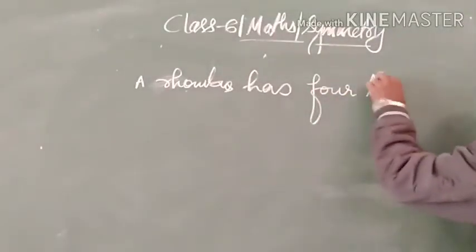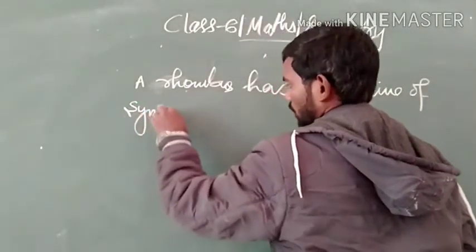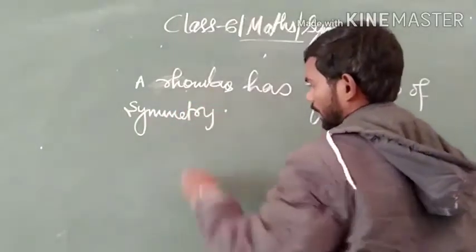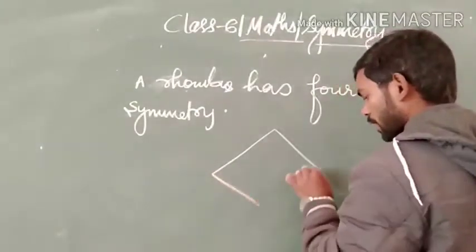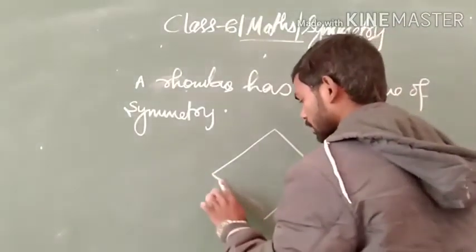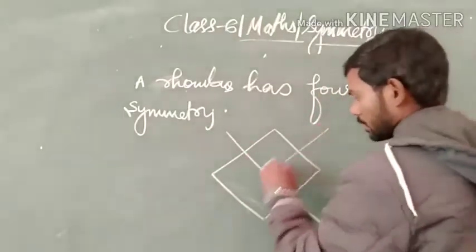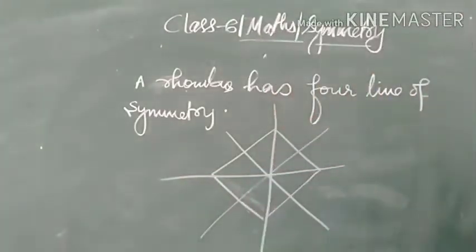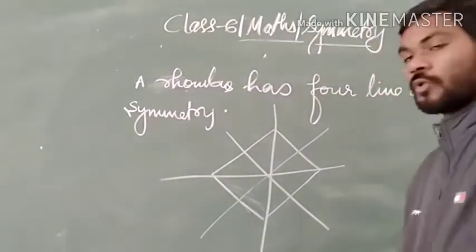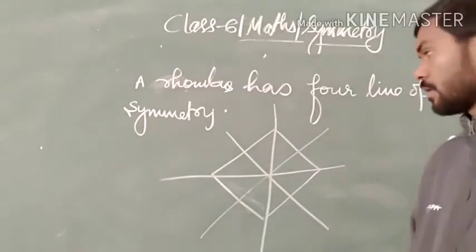You can see this clearly through the figure. You will find that a square also has four lines of symmetry. So we can say that a rhombus has four lines of symmetry. I hope it is clear to everyone.